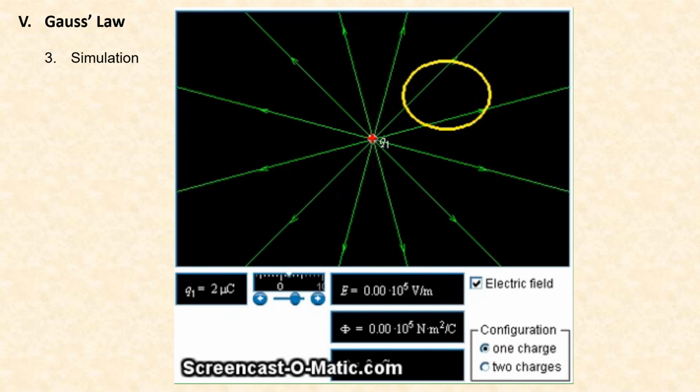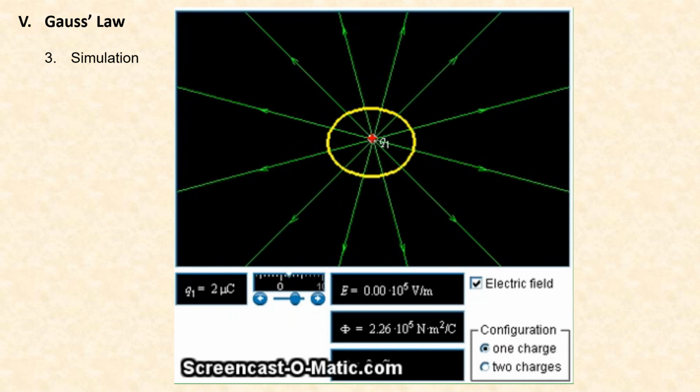Notice that the flux goes to 0. I can move this around to different locations and we see that the flux remains 0. Only if there's actually charge enclosed by that surface do we have a net flux through it.